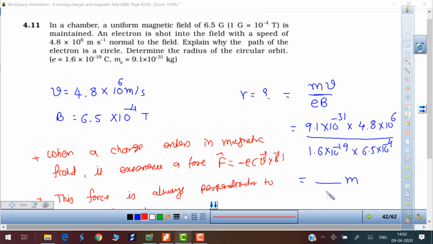If you put all these values, this comes out to be 4.2 into 10 raised to minus 2, so you can say 4.2 centimeter. So this is your answer. This is the explanation.